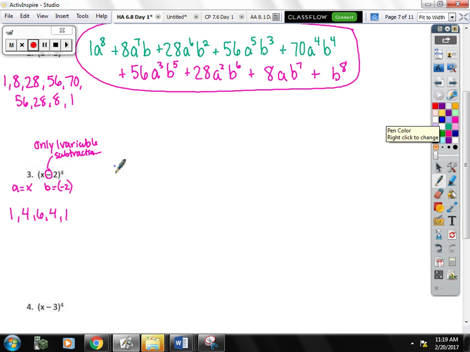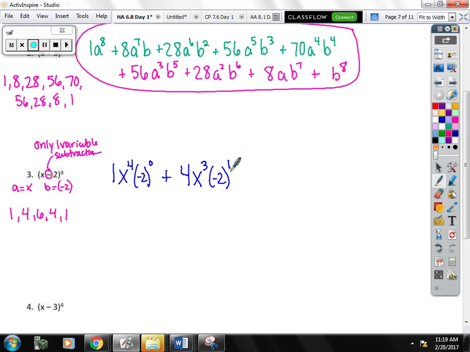So we'll have 1 x to the 4th, technically -2 to the 0, which you could choose to write or not write, plus the next coefficient, 4. Decrease your x exponent to 3 and increase your -2 exponent to the 1st. Continue on.